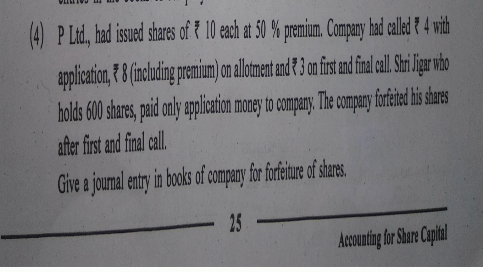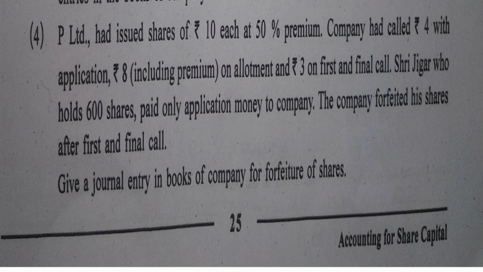Now the only important thing to be understood here is this one: rupees 8 including premium. Premium is 5 rupees, which is 50% of rupees 10. So out of 8 rupees, 5 rupees is for premium.